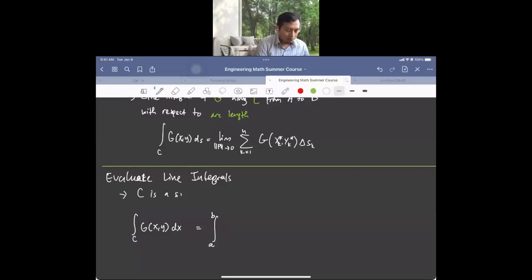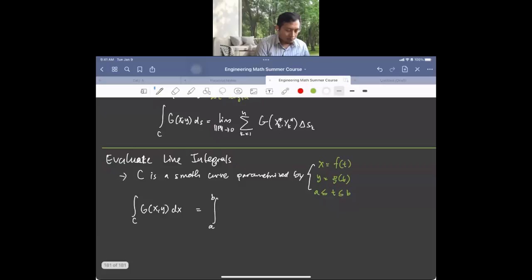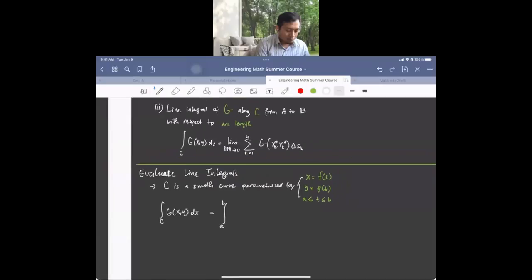C is a smooth curve that is parameterized by, let me write, x is f of t, y is g of t, and t is from A to B. Okay, let's say we have these assumptions.